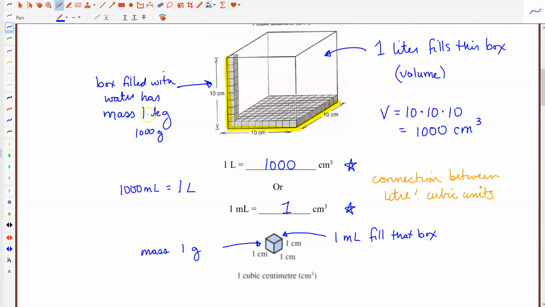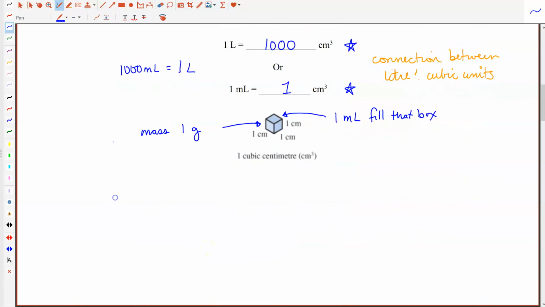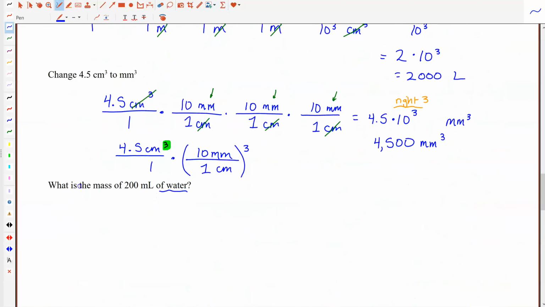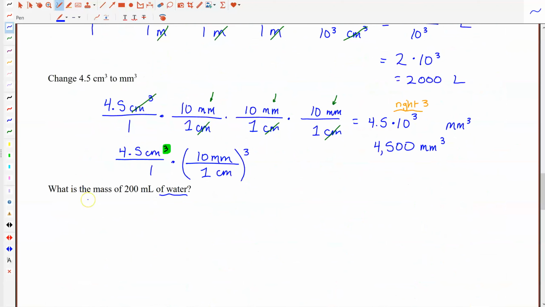So if this box has a mass of 1,000 grams, and this box has a volume of 1,000 cubic centimeters, then what must be true is 1 cubic centimeter filled with water, specifically, has to have a mass of 1 gram.